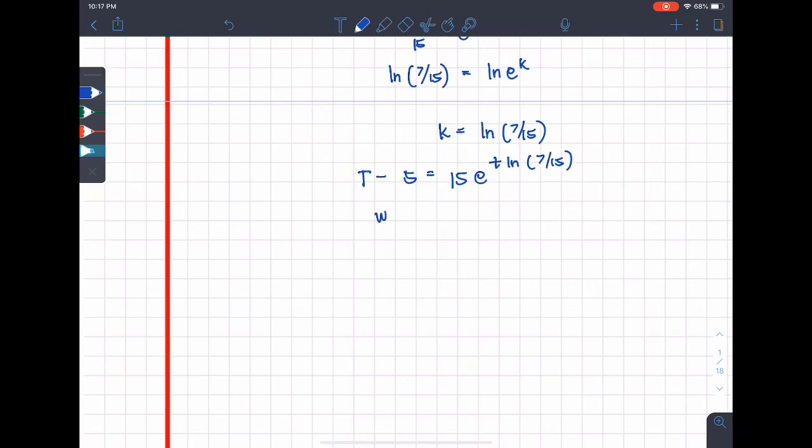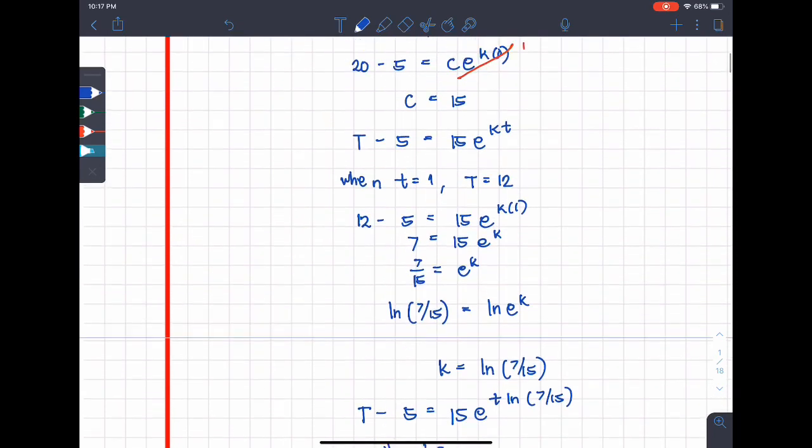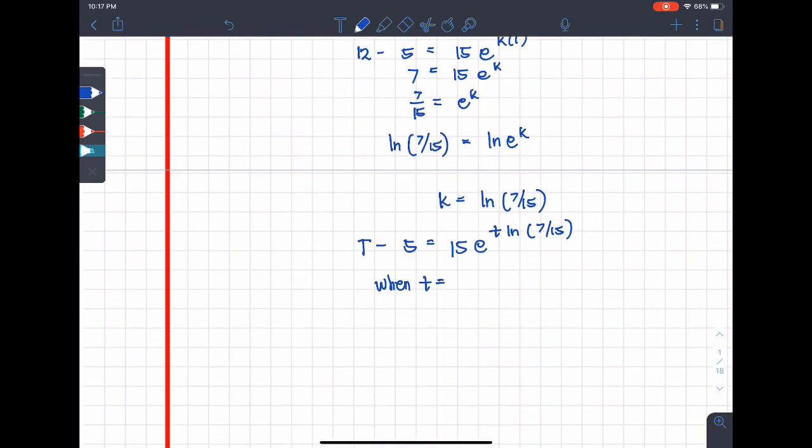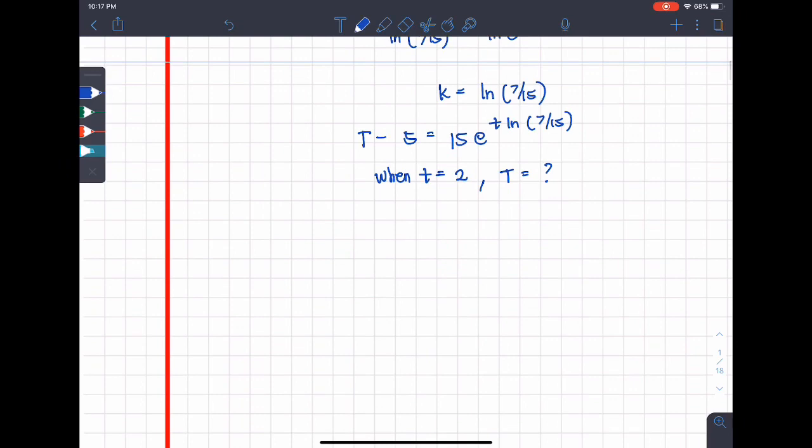So when t is equal to 2, what would be the temperature? Substitute it. So T minus 5 equals 15 e raised to 2 ln of 7 over 15.